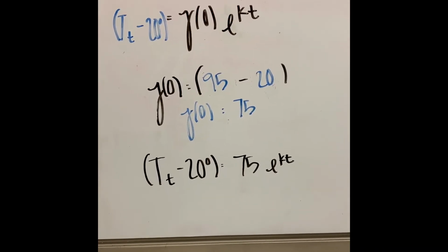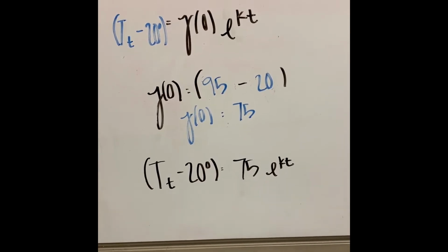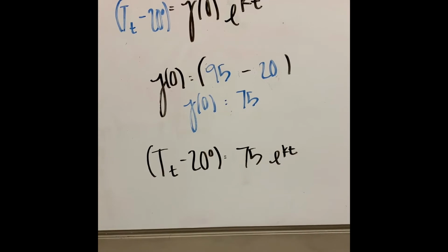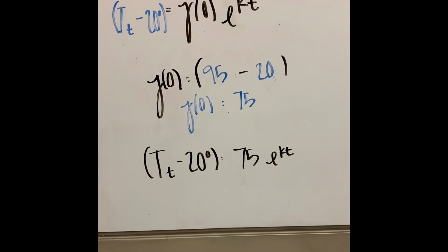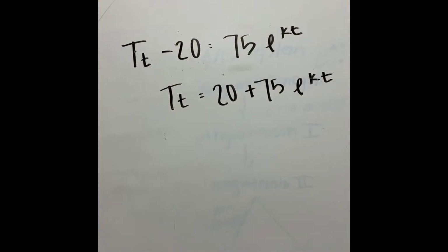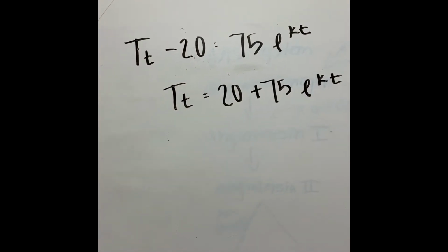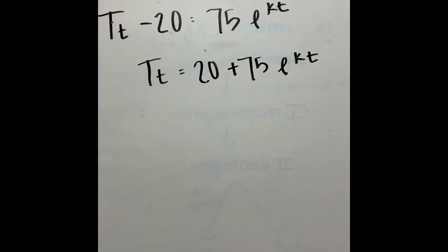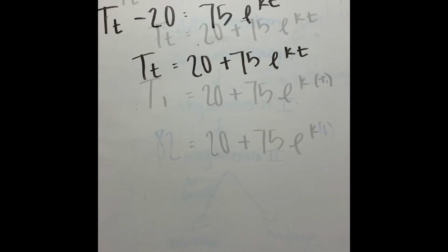which will equal 75. Using that new Y of 0, we can plug that in, equaling T of t minus 20 equals 75 e^(kt). So we can simplify that equation by adding 20 to both sides, which will give you T of t equals 20 plus 75 e^(kt).